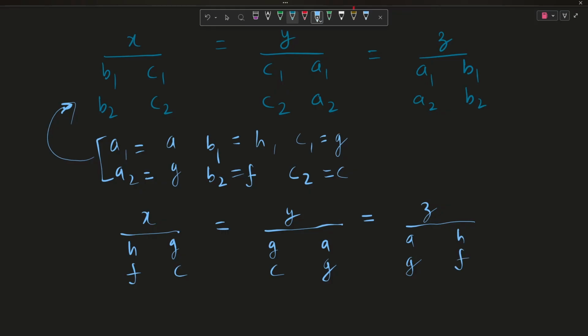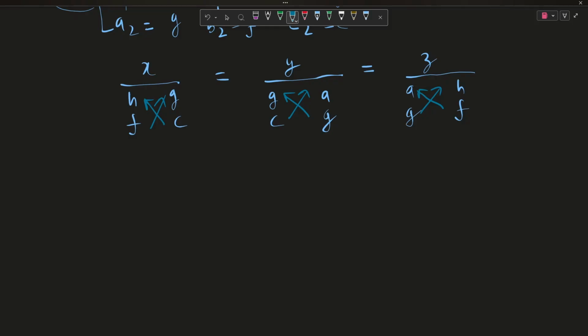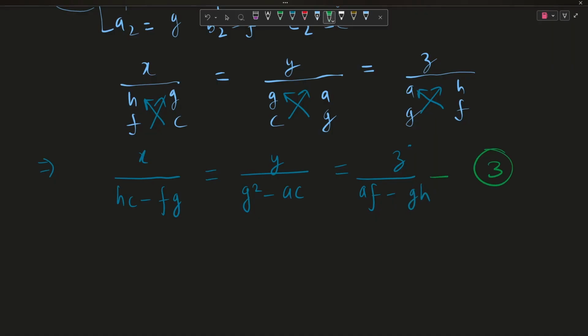Now, as the name suggests, cross multiplying, so we will cross multiply them, and after cross multiplying we will get x upon hc minus fg is equal to y upon g square minus ac is equal to z upon af minus gh, and we'll name it as equation number 3.